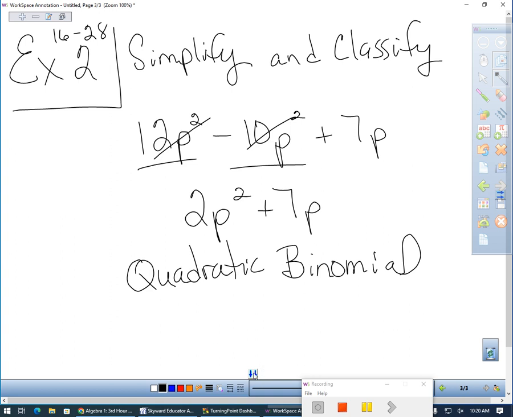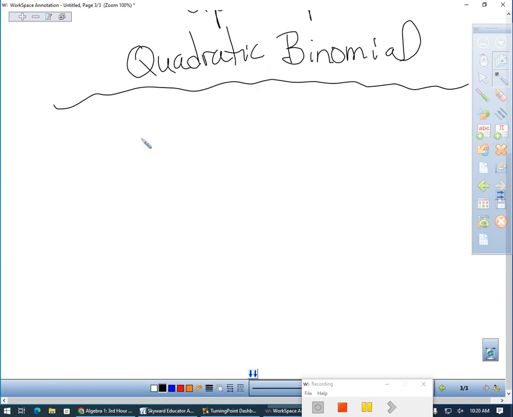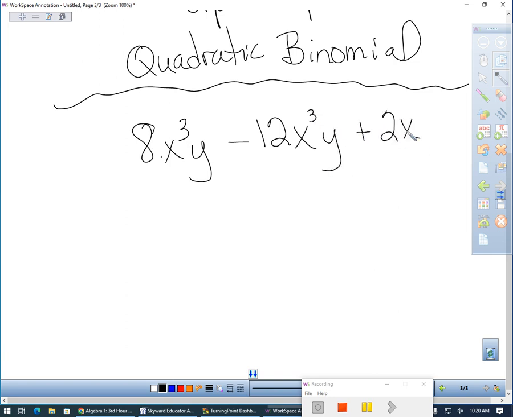All right, let's try another one in the same example. I'm just going to draw a little squiggly line across. Try another one where I want you to simplify it, then classify it. What if we had 8 minus 12 x to the third y plus 2 x to the third y?